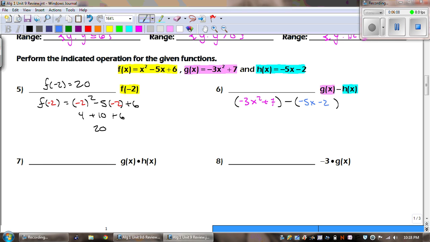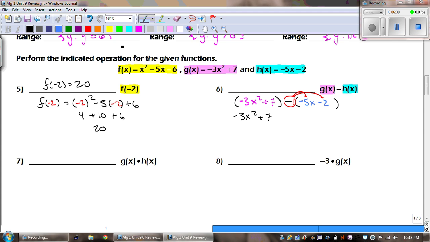Now, to get rid of the parentheses, we need to distribute. In front of the -3x squared plus 7, there's no real numbers there. It's a +1, and when we multiply by +1, it stays the same. But in the back, when we've got subtraction, we're multiplying by a -1.